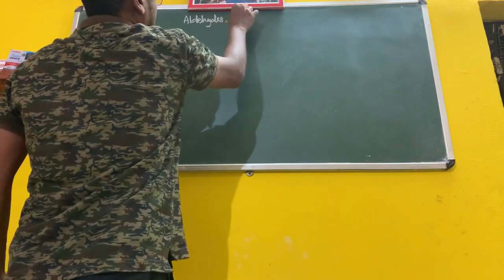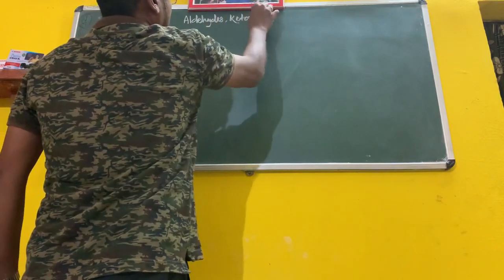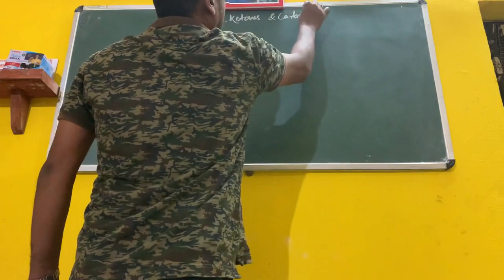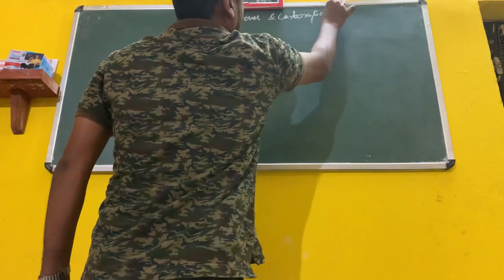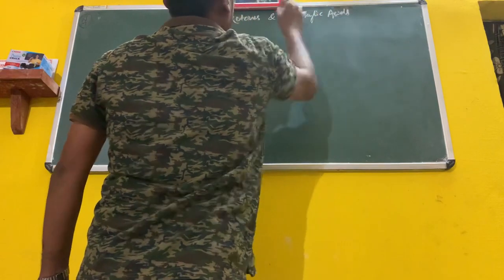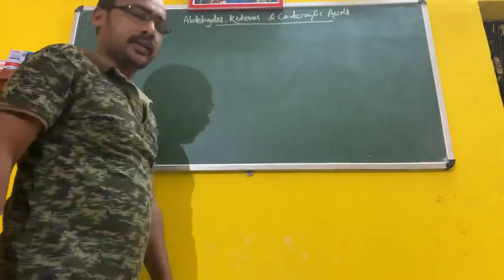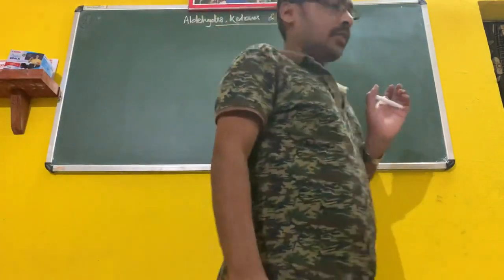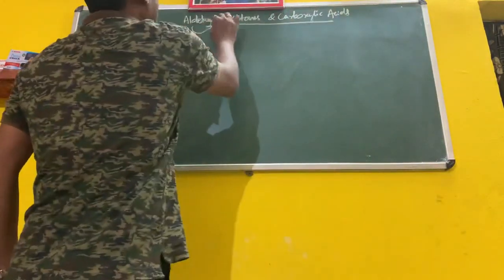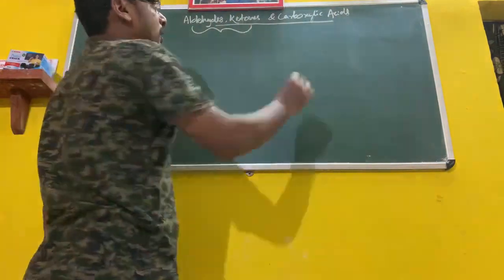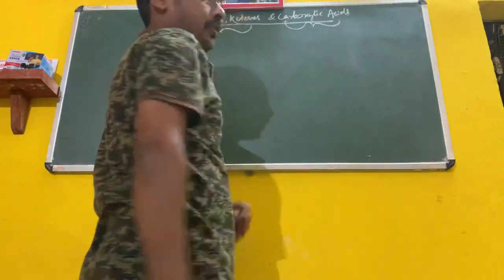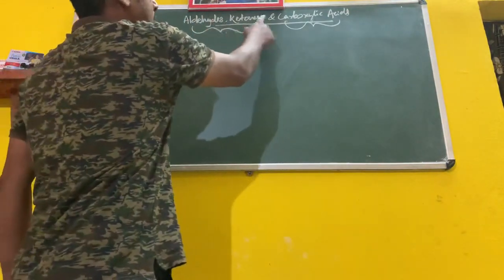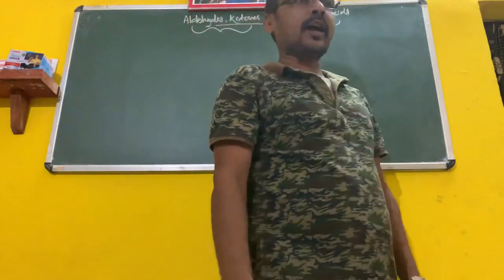Aldehydes, ketones and carboxylic acids are carbonyl compounds. The lesson covers aldehydes, ketones and carboxylic acids. In the first unit of this lesson, these two, aldehyde and ketones, and the last unit is your carboxylic acid. Before going to the aldehyde, ketones and carboxylic acids, these are carbonyl compounds.